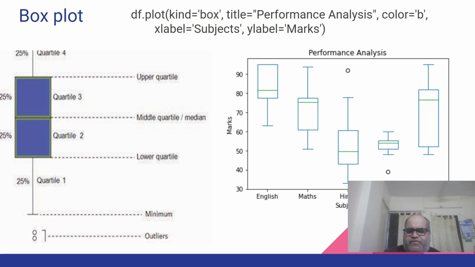Let us look at box plot. Box plot is very important because in many of your data analysis related work, you can understand a lot of things if you do a very simple box plot of your data, right? Now the one where we are calling this box plot is on a set of students and their marks across 5 subjects: English, math, Hindi, science, and social studies.